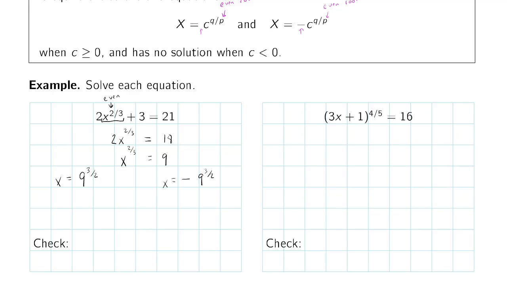Right, so we've taken the reciprocal of the exponent, and because hidden in there we have an even root, we can either have the positive or the negative root. And now 9 to the 3/2 we can work out on a calculator. x is 27, or x is negative 27.